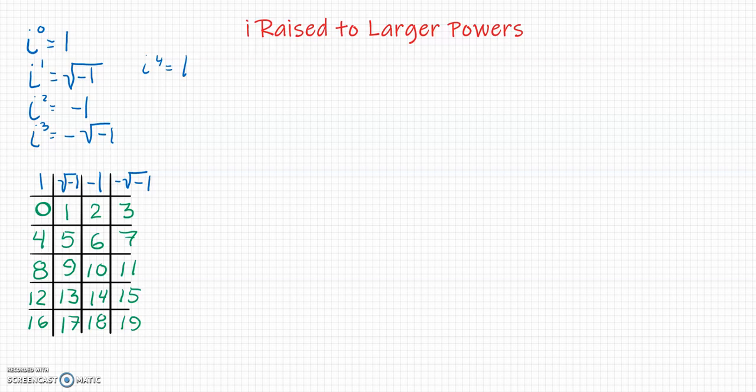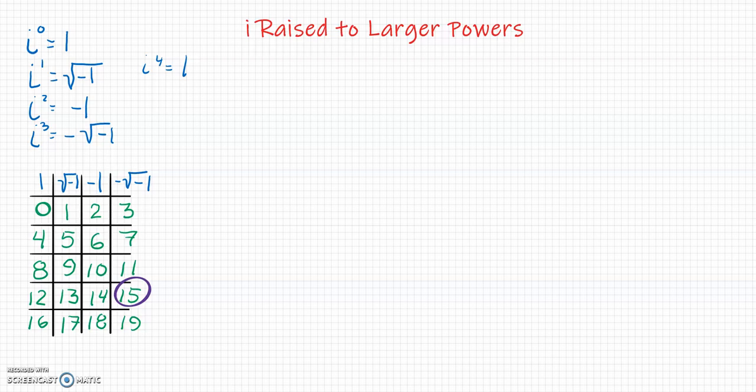So what I want to do is see if we can find a strategy for taking any one of these exponents and helping us to determine the final answer. So let's start with i to the 15th. If we notice, there's a sequence of 4 numbers, 1, 2, 3, 4.